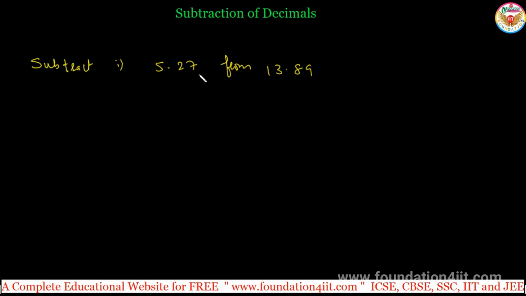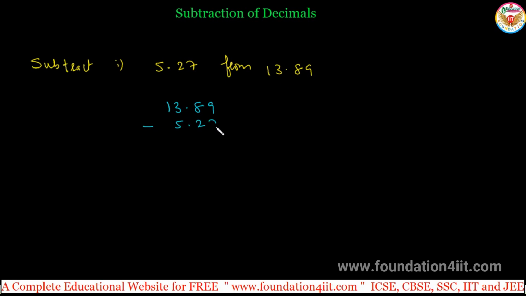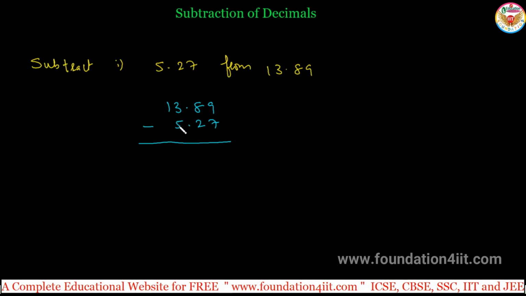Okay, you need to subtract 5.27 from 13.89. So these both are like decimals. Okay, same two decimal places. Now take 13.89, we have to subtract 5.27. When you are writing the numbers, keep the same place value. So 3 is in the units place. Under that, 5 is in the units place. 1 is in the tens place.